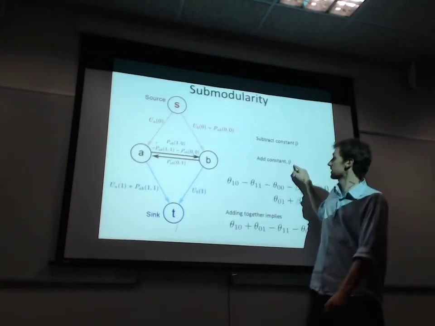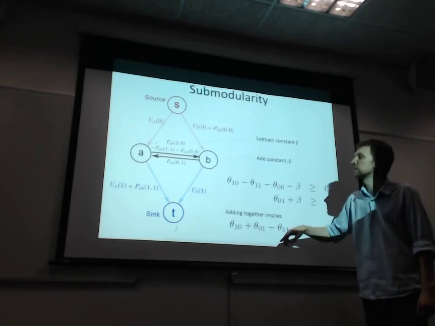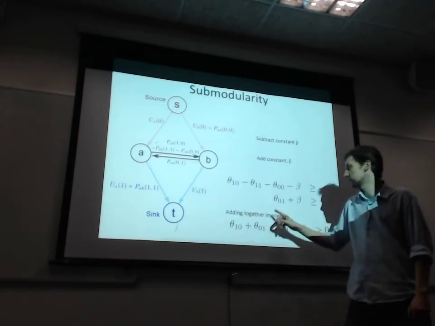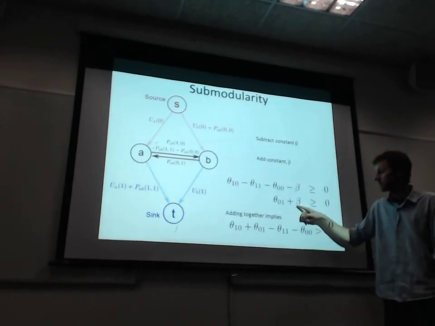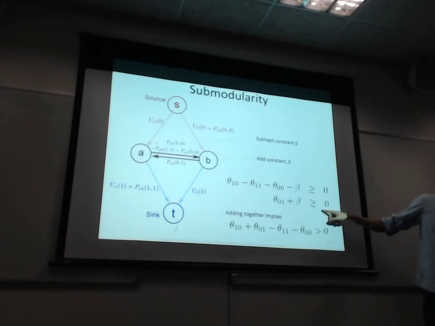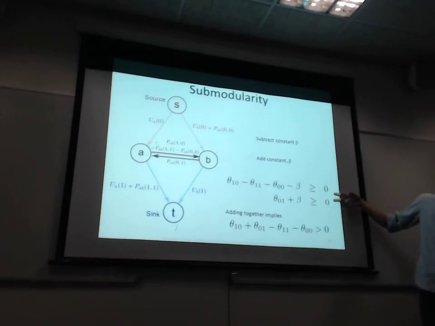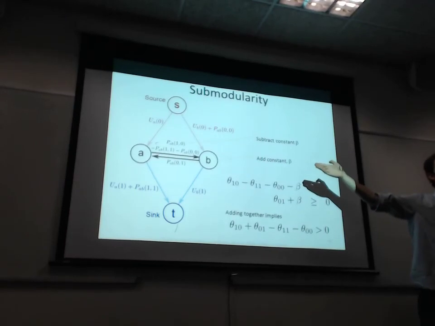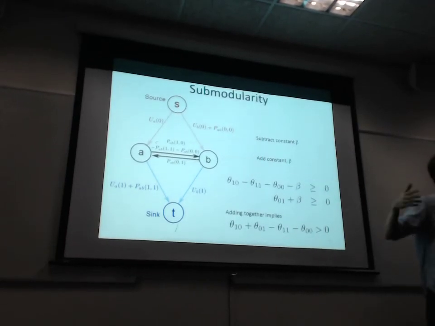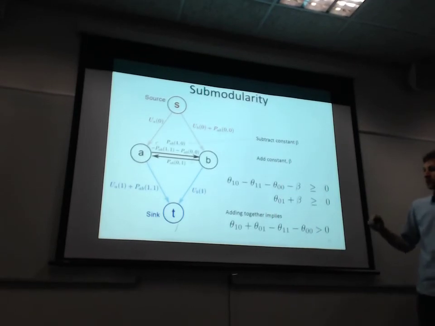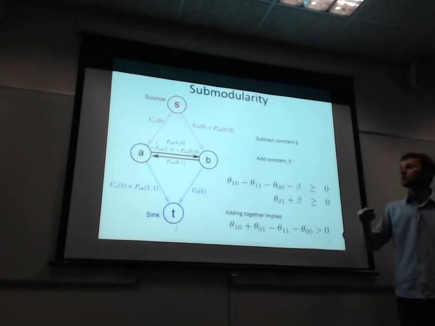Similarly, for this second equation, if we take PAB 1, so that's theta 1 plus beta, that also has to be greater than or equal to 0. So we've got these two constraints. We've arrived at these two constraints just by virtue of doing a reparameterization, which hopefully we've all accepted. It's still just the same problem we started with.